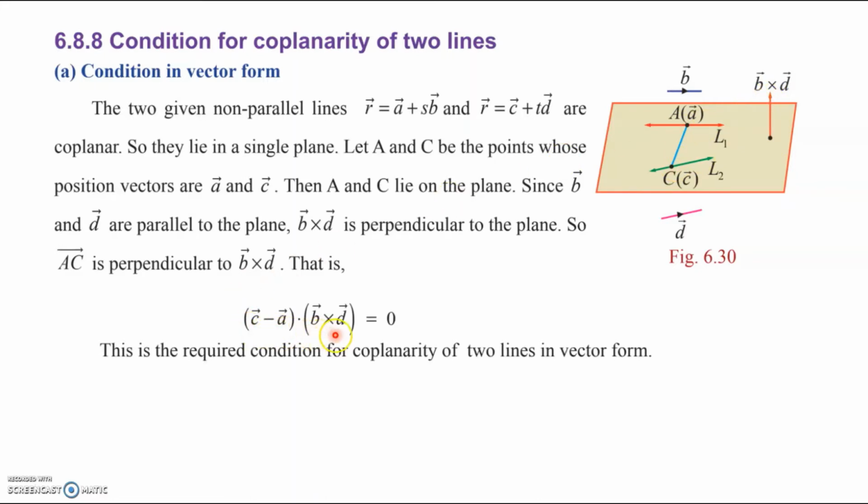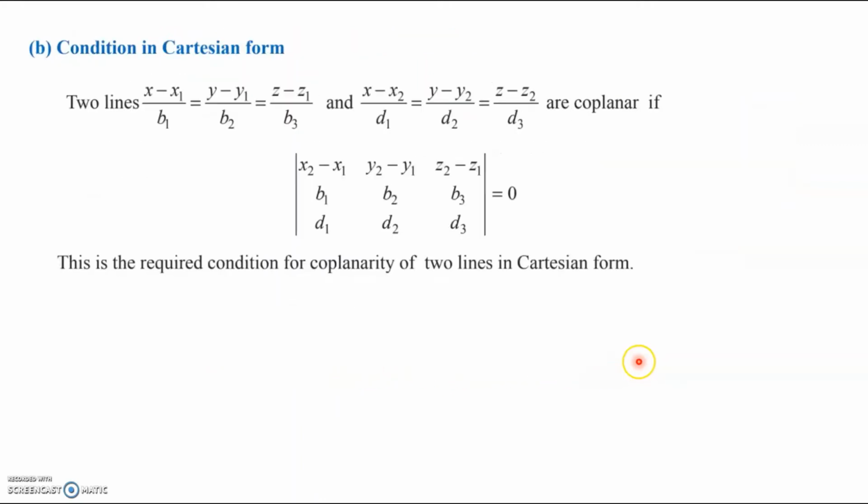So that's what we are doing here. AC is nothing but C minus A vector, and its dot product with B cross product with D vector is equal to 0. So this is the required condition for coplanarity of two lines in vector form.